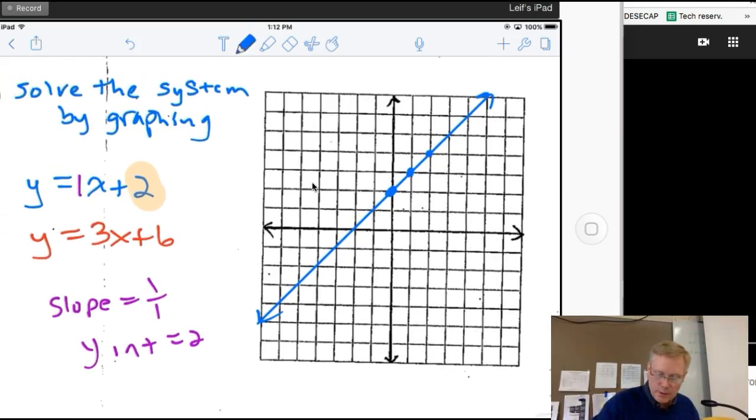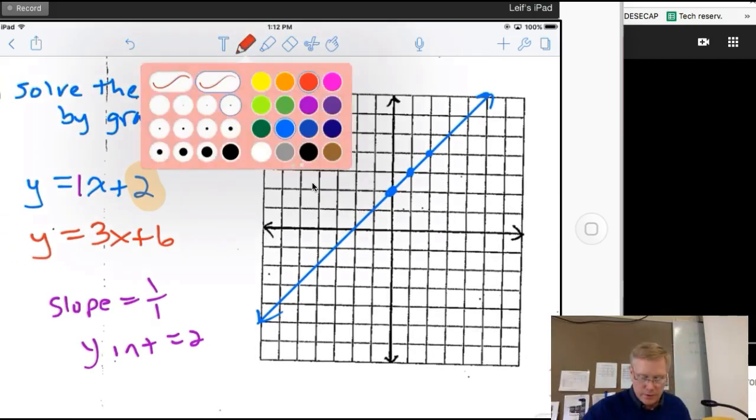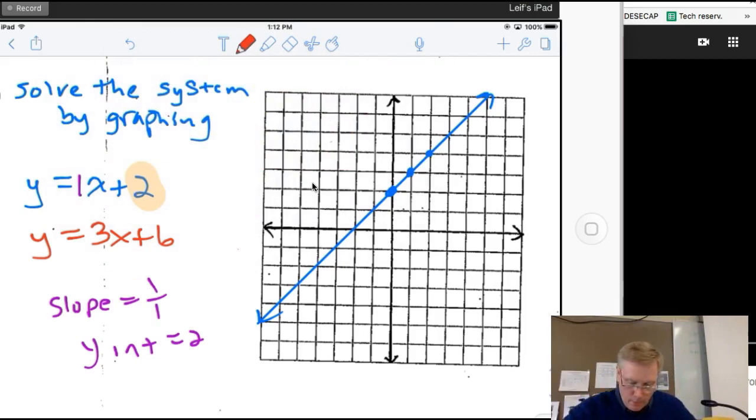Second one is the red line, which is y equals 3x plus 6. Which means I'm going to start at the y-intercept of 6, which is 2, 4, 6 up here. And then I'm going to do a slope of 3. Now positive slope goes that way up and to the right, so I'm going to run out of space. So instead of going up and to the right, I'm going to go down and to the left.